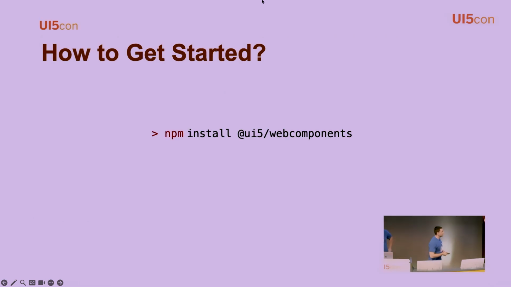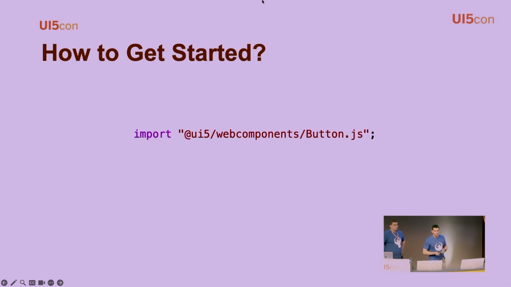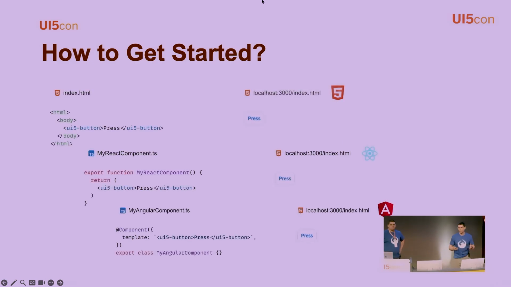All right, and if you'd like to try it, you need to install them from npm, because this is the place where we push the components. And then you can import the desired component, and that's it. We are ready to go. The first example shows the usage in pure HTML. You have the UI5 button tag, and on the right side, you have the output, a completely ready-to-use button, enterprise ready with all mentioned standards built in.